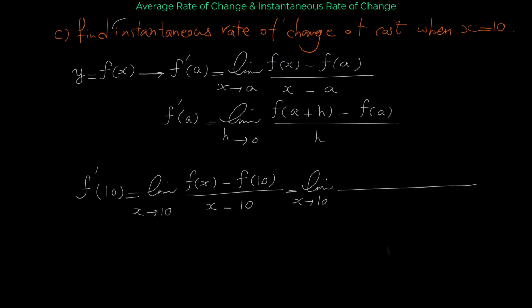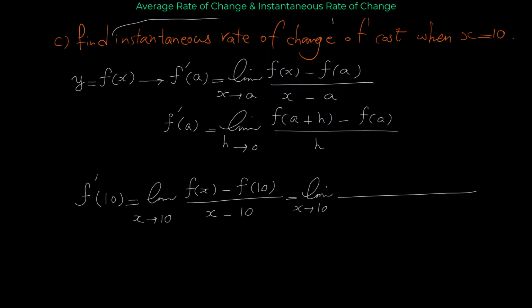So we have x to the 2 plus 5x plus 100 minus f of 10, minus 250, all over x minus 10.